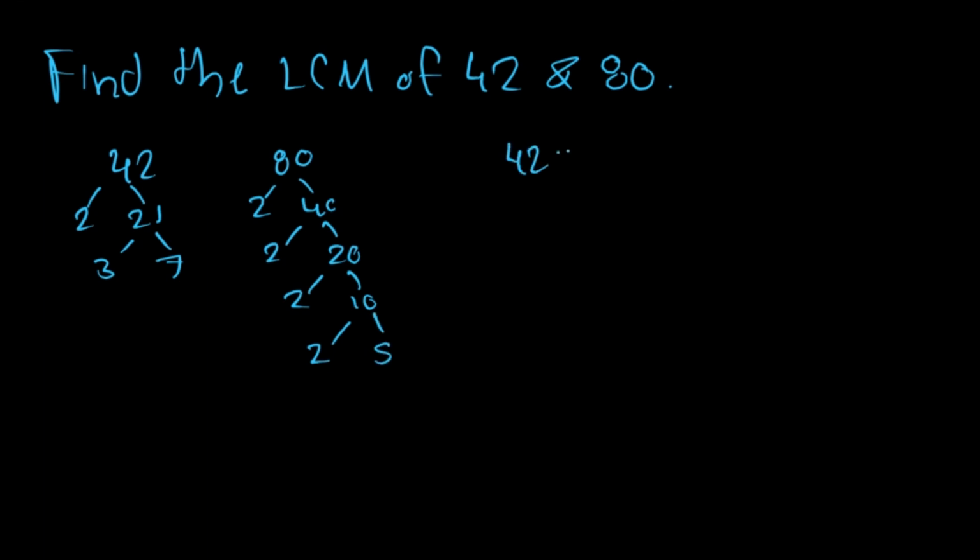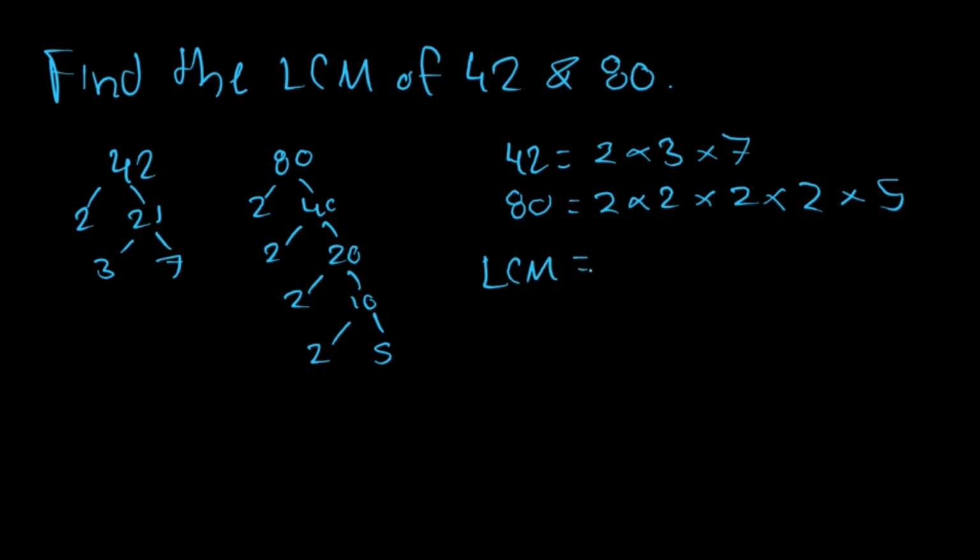So 42 would equal 2 times 3 times 7. And 80 would equal 2 times 2 times 2 times 2 times 5. Find the sets of prime numbers. So that's one set, and that's it. There is only one set. So the lowest common multiple would be 2 times the rest.